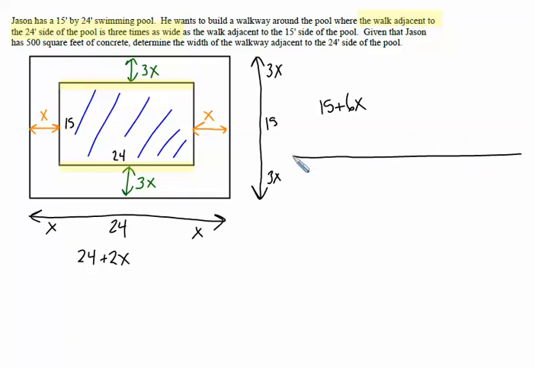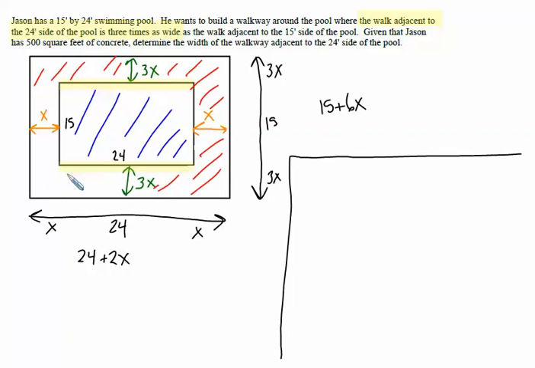When we go to make an equation that we will solve, we want the area of the walkway itself, which is just this portion here that I'm scribbling in red, outside of the pool, that would be filled with concrete.